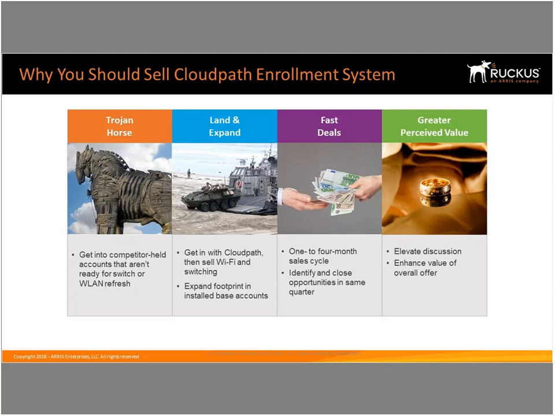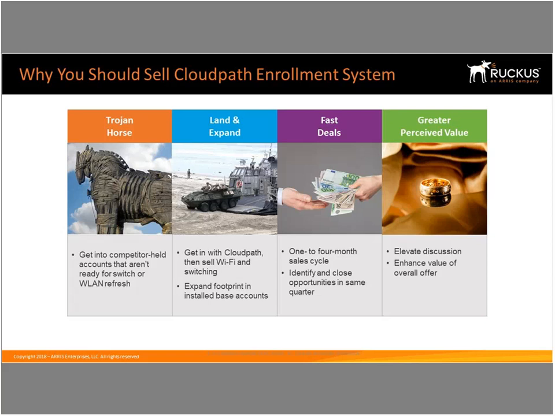One of the things we consistently see is that the time it takes to close a deal with Cloudpath is really, really short. We typically see a 1 to 4 month sales cycle, and a lot of times the close of a deal happens within the same quarter. That is extremely useful when you're looking at getting an edge on a particular account.